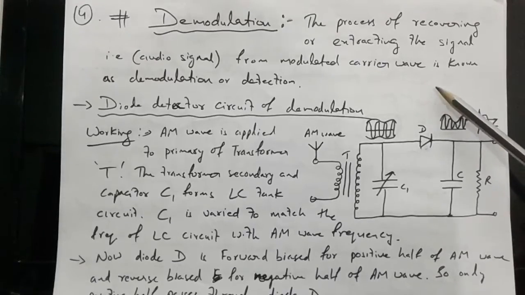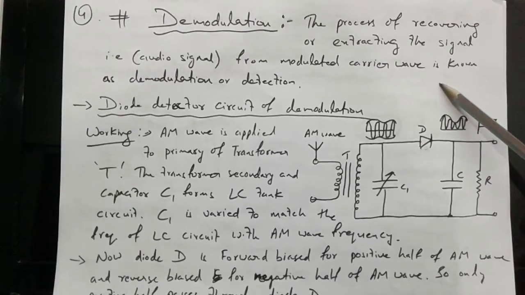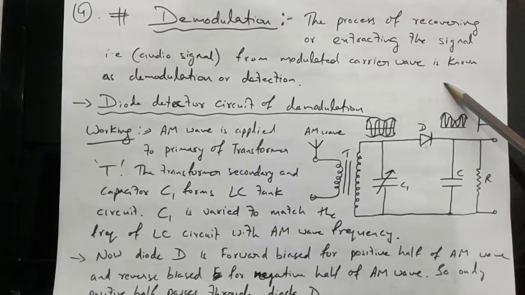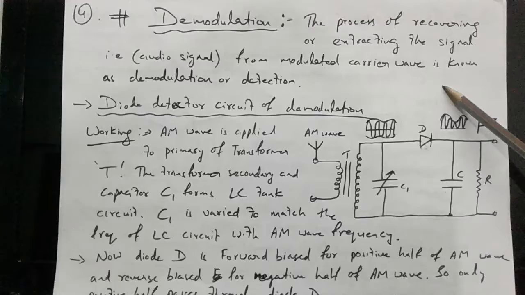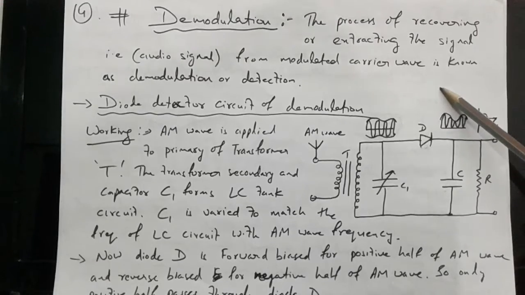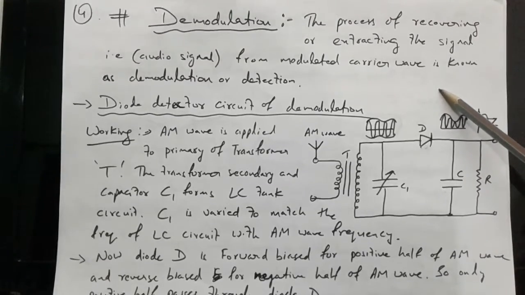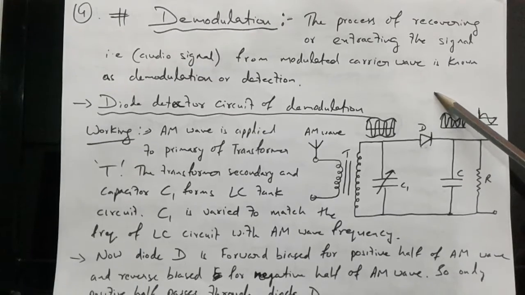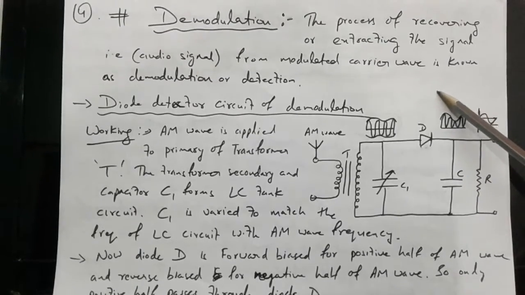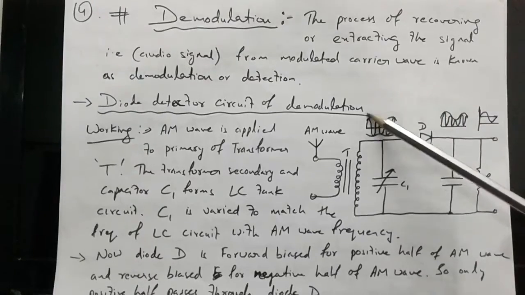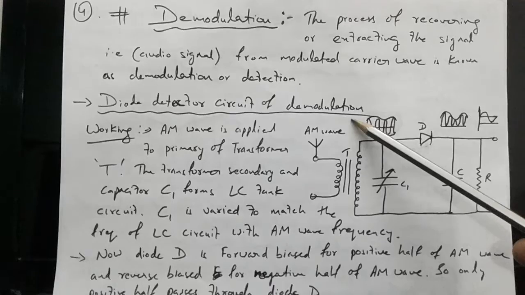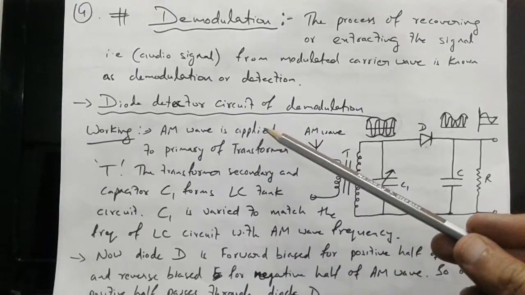It can be an amplitude modulated signal, or it can be a frequency modulated signal. So demodulation is the process of extracting or recovering or separating the audio or video signal from the modulated carrier wave. So here we will discuss one such method used for demodulation, and that is the diode detector circuit.